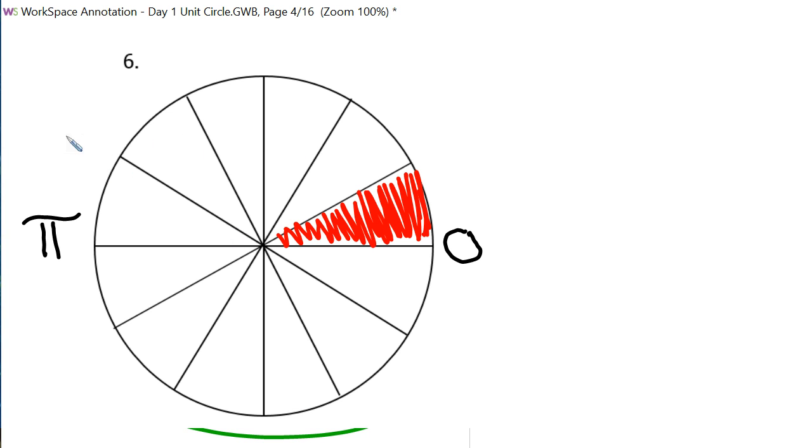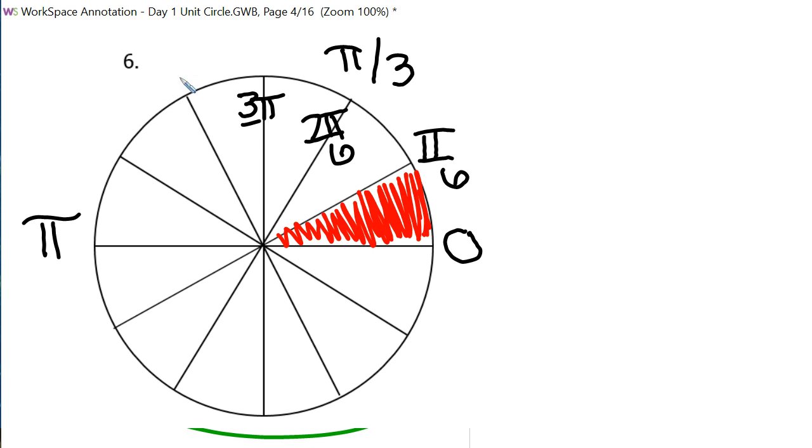So going from 0 to pi, this is 1/6 because I have 6 triangles from 0 to pi. So this would be 1 pi over 6. This one would be 2 pi over 6, which simplifies to pi over 3. The next one would be 3 pi over 6, which simplifies to pi over 2.